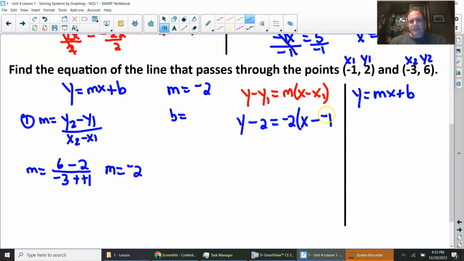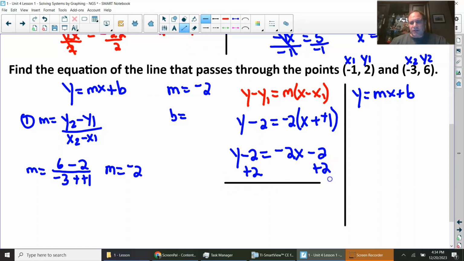So the minus comes from the formula, and you're substituting negative 1 in as x1. And remember, that makes a double negative, and I'm changing that to a positive right away. So I have y minus 2. I'm going to bring that down, and then I'm going to do distributive property, negative 2x minus 2. Negative 2 times positive 1 is negative 2. Then I'm going to solve for y. Once I solve for y, I have my equation. It's done.